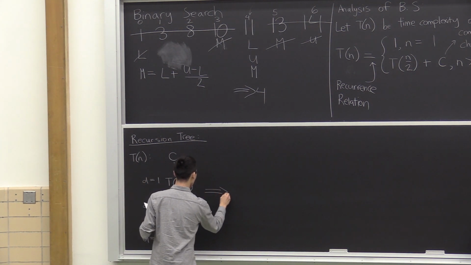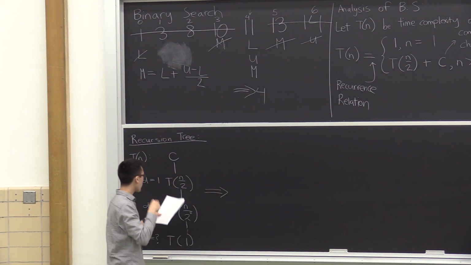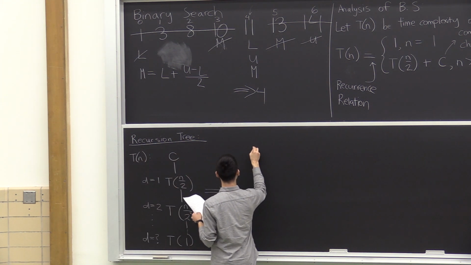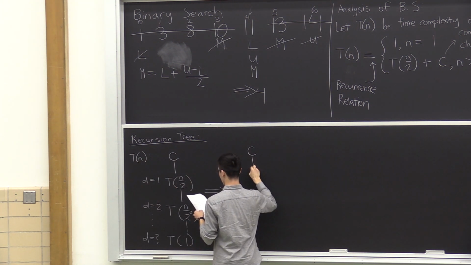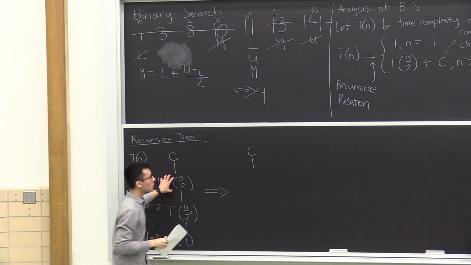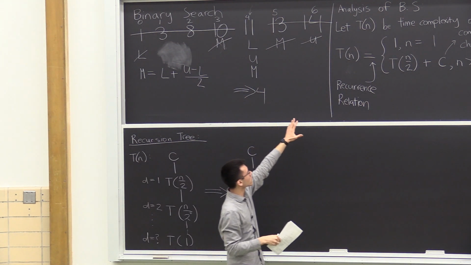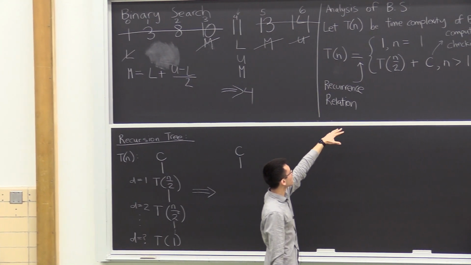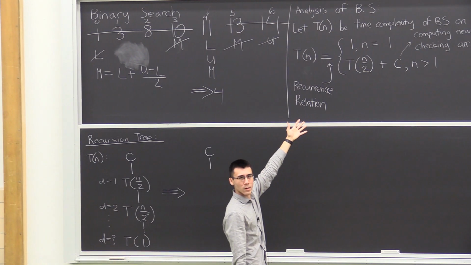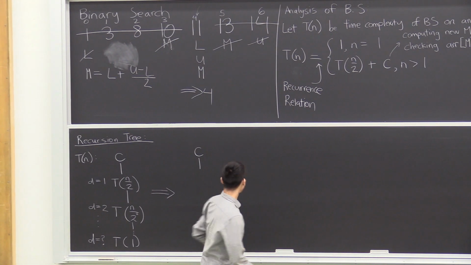So let's try to convert that. So we have our c, okay. Now T of n over 2, if we look at the recurrence relation, that's just going to consist of your T of n over 4 and also a c.